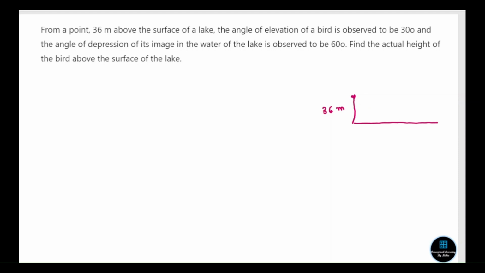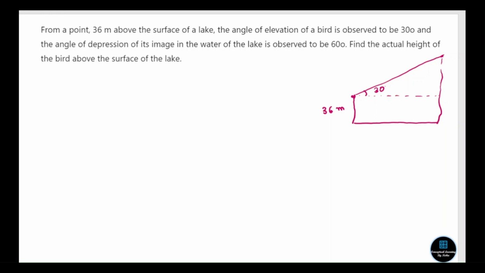Okay, and now the elevation of a bird. Here let's say the bird is there, and we have to take the elevation of the bird. Now this elevation is 30 degree, and the angle of depression of its image.